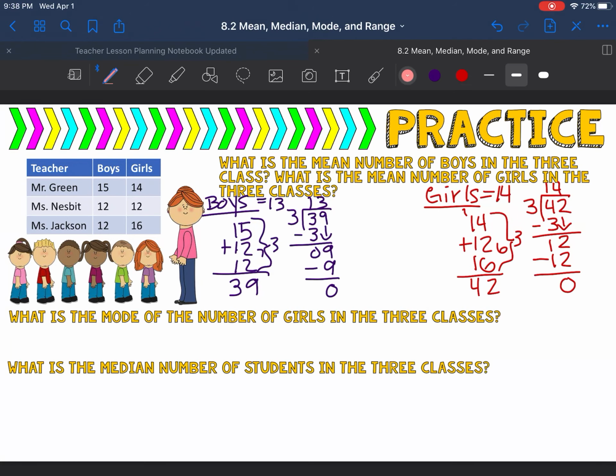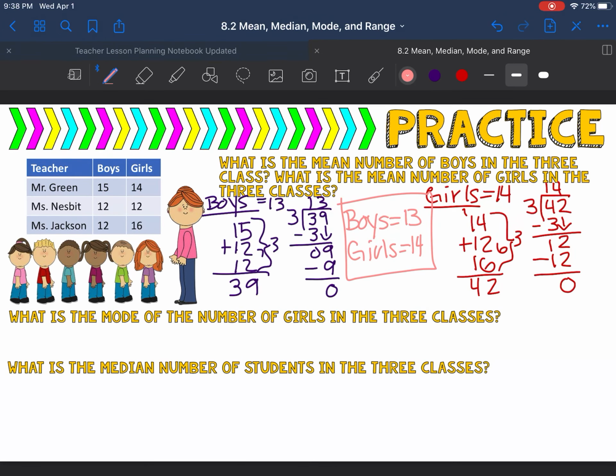So let's do my final answers. There is an average of 13 boys in each class and an average of 14 girls. So 13 boys and 14 girls, and that's my total answer.